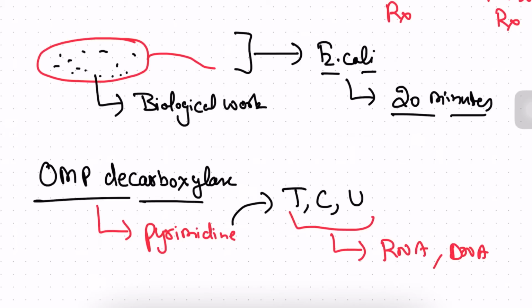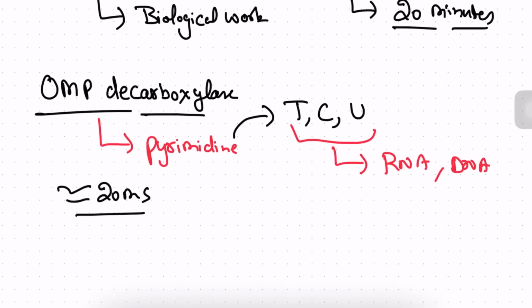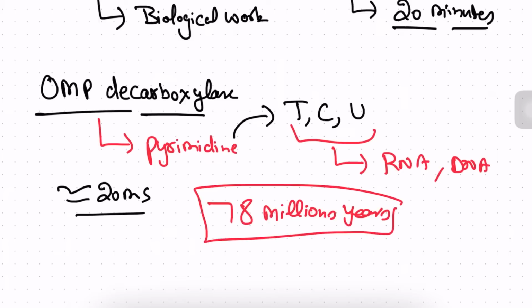Now here I just want to tell you, OMP decarboxylase carries out the synthesis of the required amount of pyrimidine which the bacteria require in approximately 20 milliseconds. Now, if you carry out the same reaction, it will take 78 million years.